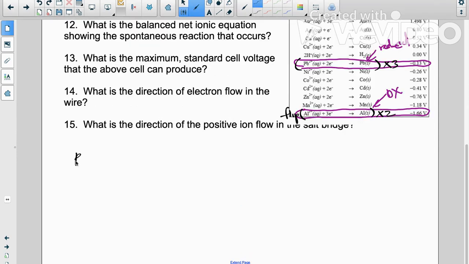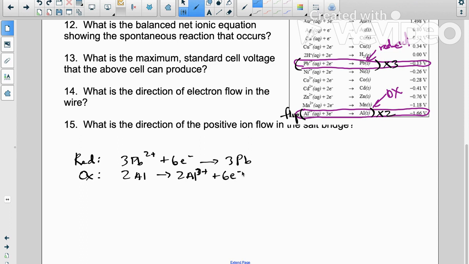So our reduction equation is going to be 3Pb2+ plus 6 electrons goes to 3Pb solid. Our oxidation half reaction, we have to flip that and multiply by 2. So 2Al solid goes to 2Al3+ plus 6 electrons.